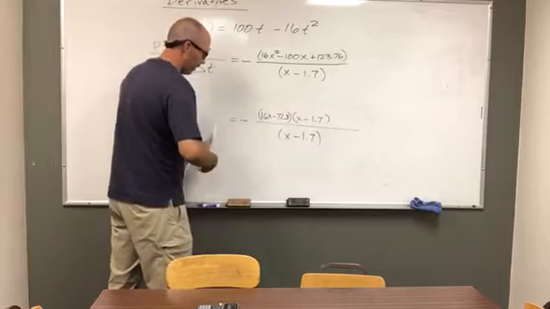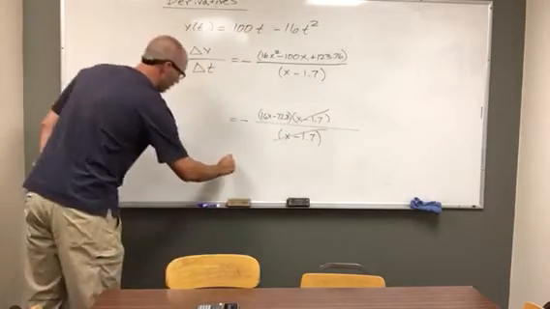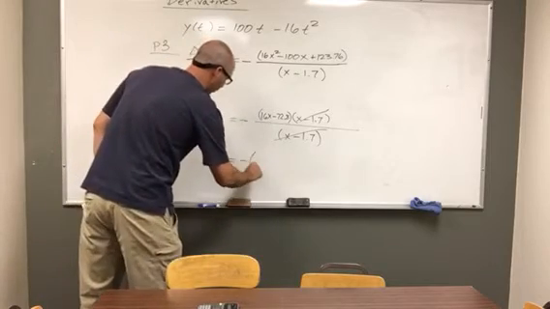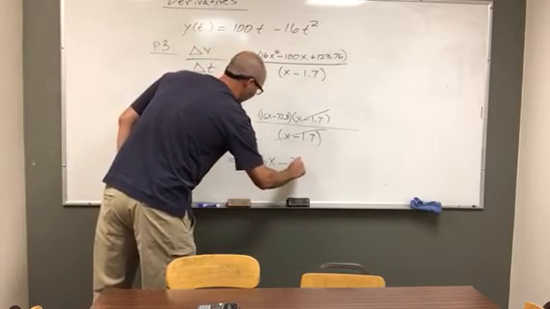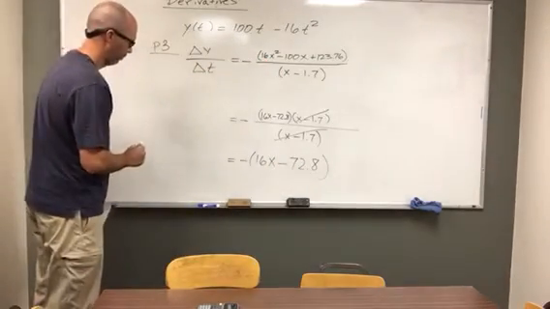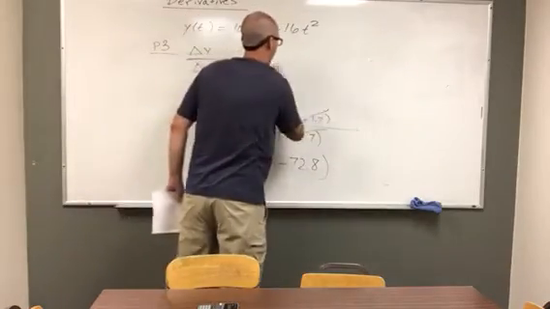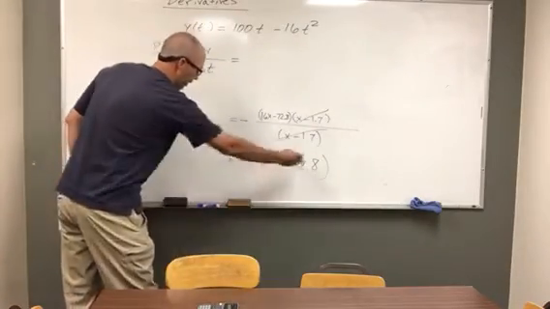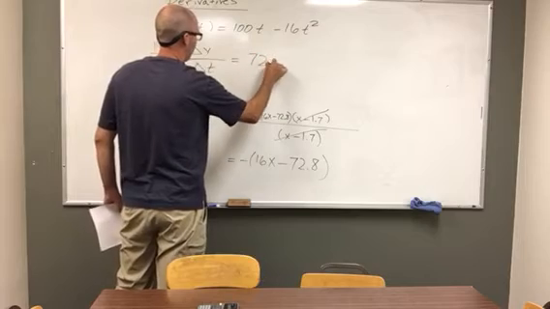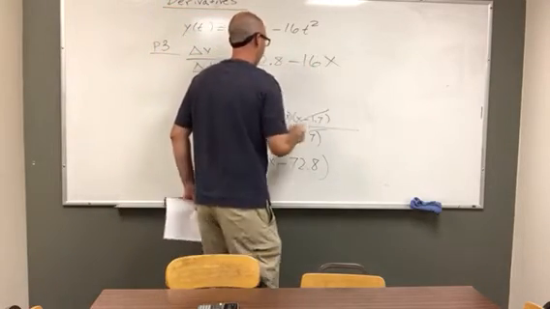I did some factoring. Cancel those. You get negative 16x minus 72.8. Distribute the negative through. 72.8 minus 16x.